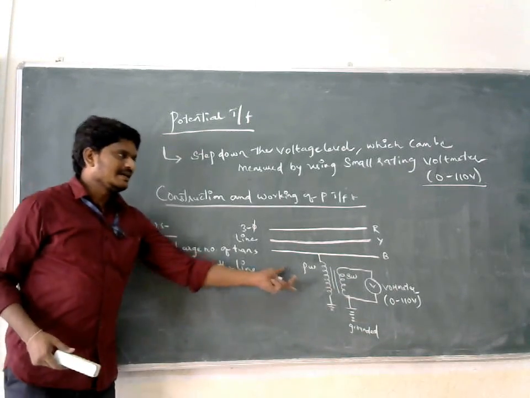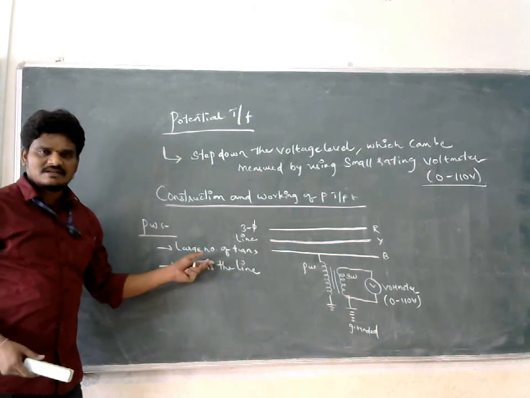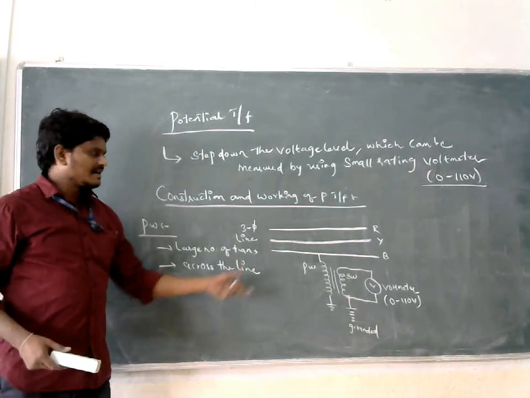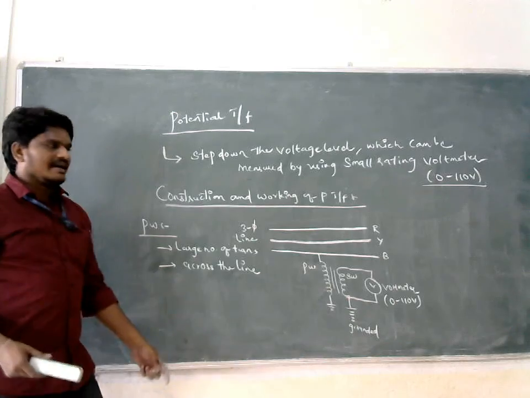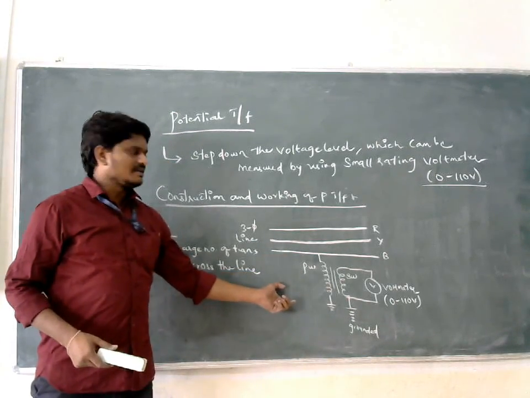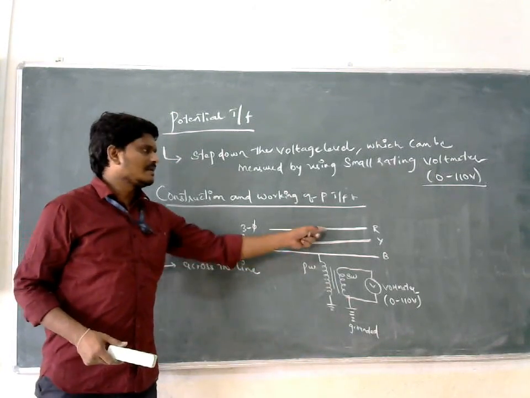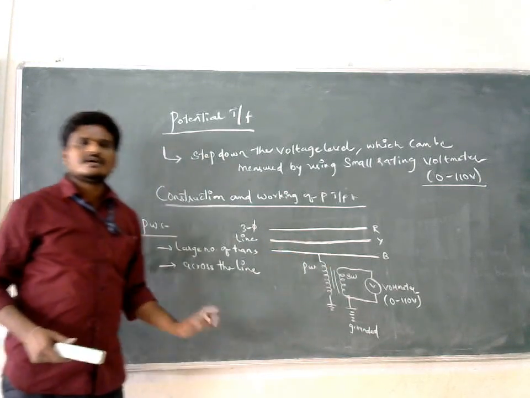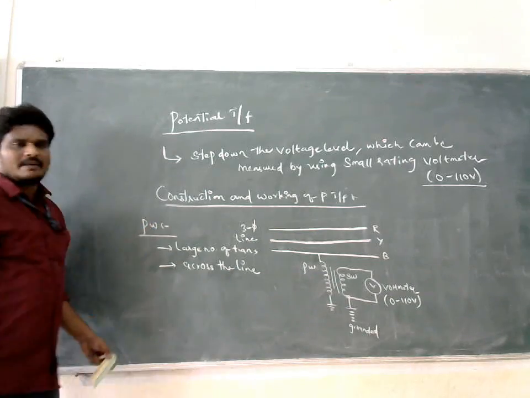The primary winding has a large number of turns and is connected across the power circuit, across any one of the lines. Either it may be connected to the R phase, or to the Y phase, or to the B phase. This is regarding the primary winding.